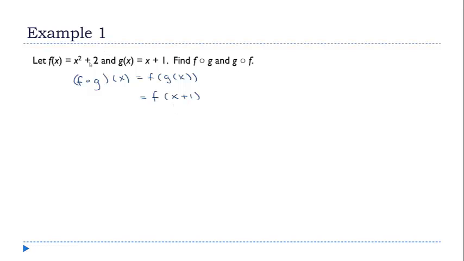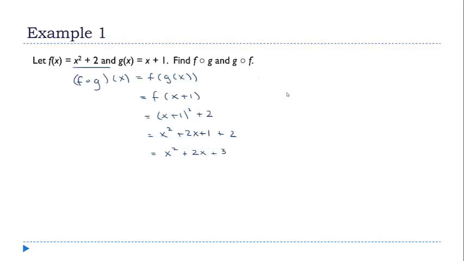And if I substitute x plus 1 into the f of x formula, I get that this is (x plus 1) squared plus 2. And of course, we can multiply this out. This is x squared plus 2x plus 1 plus 2, which is x squared plus 2x plus 3.